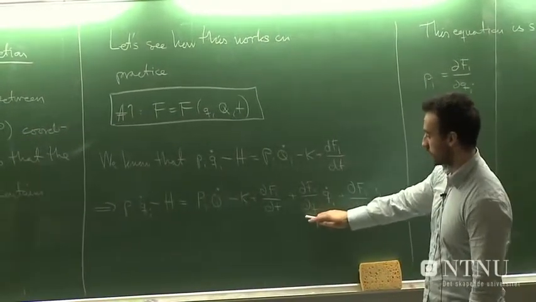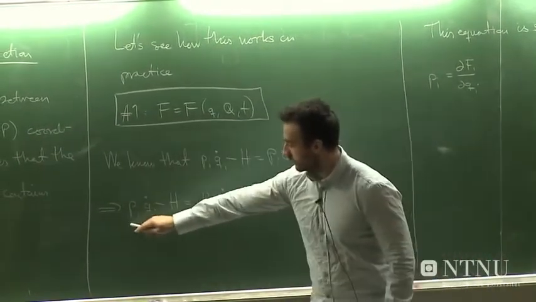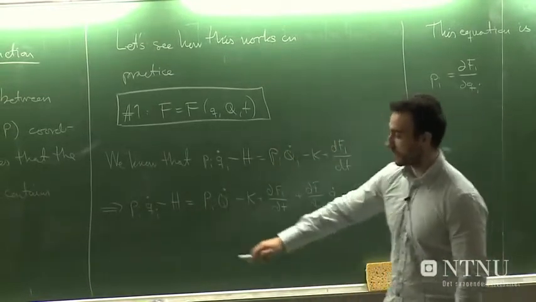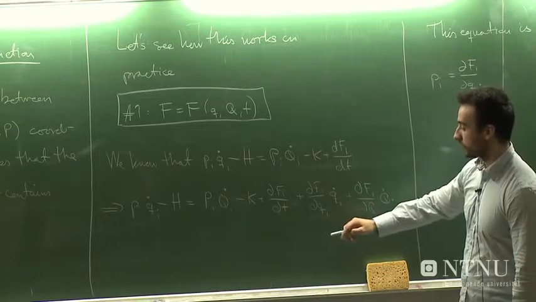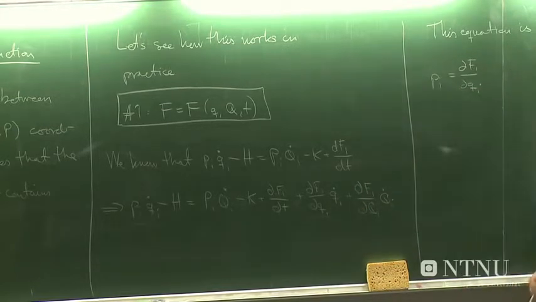We have one term here. So these terms should be equal, which means that pi has to be the partial derivative of f1 with respect to qi, like this.